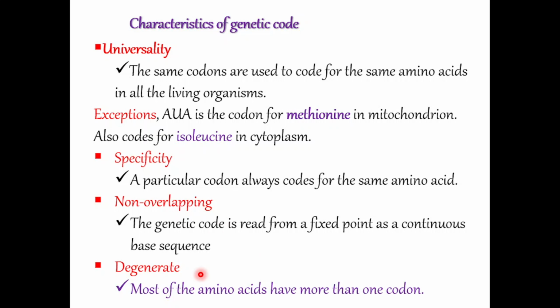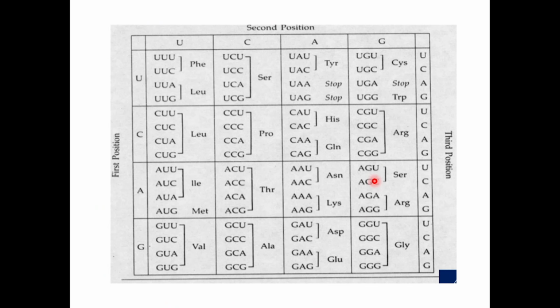Again, it is degenerate. It means that most amino acids have more than one codon. For example, UUU and UUC are codons for phenylalanine. UUA and UUG code for the amino acid leucine. These 4 codons are used for serine.